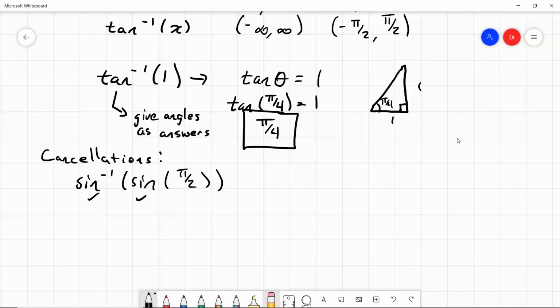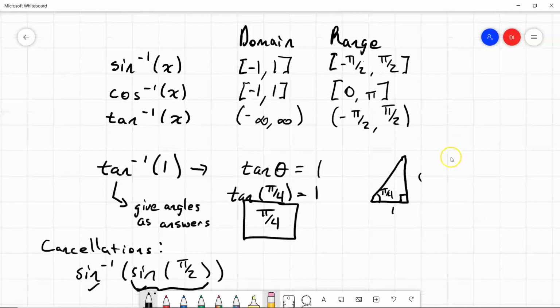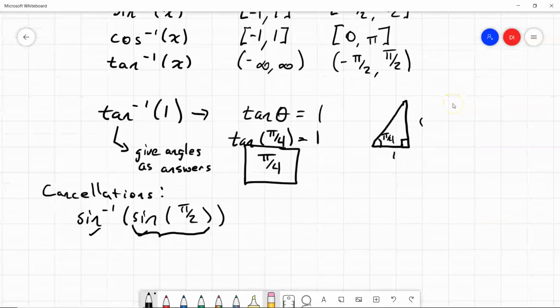The second requirement was that the inner function's input was within the domain of this inner function. So is pi over 2 in the domain of sine? You just check up here. Yes, pi over 2 is in the domain of sine. So the answer is just pi over 2.